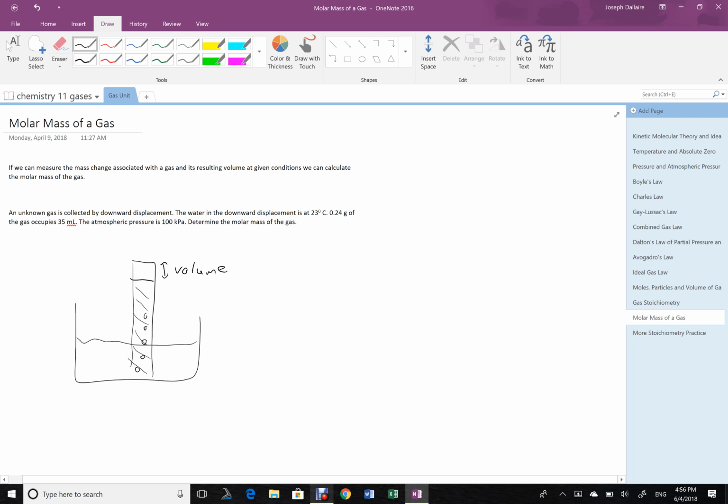You might recall from an earlier video that we did on Dalton's law of partial pressure that some of this gas in this region is going to be the gas of interest, but we're going to have a secondary problem here, and that is vapor pressure.